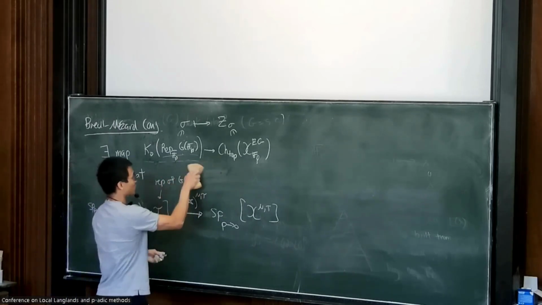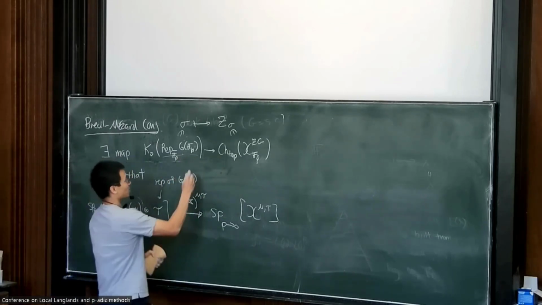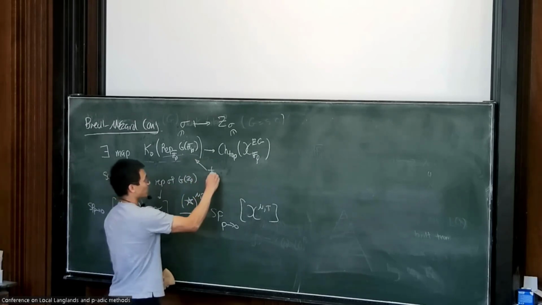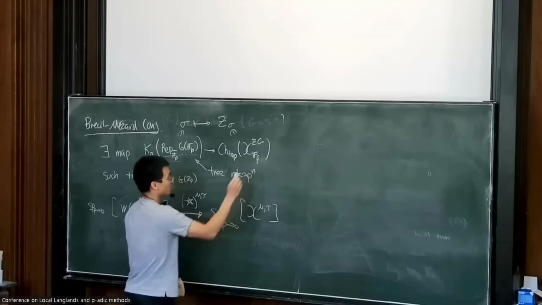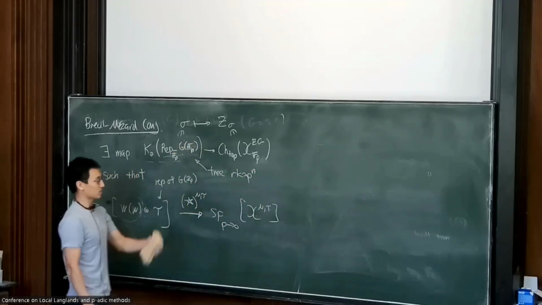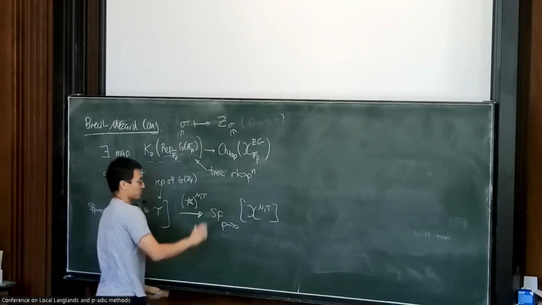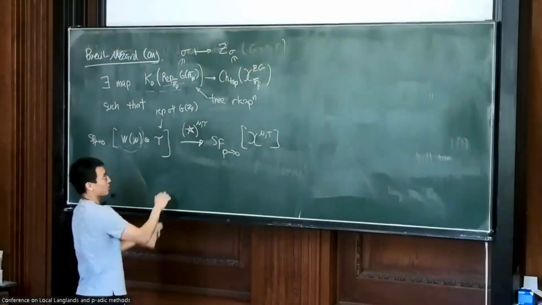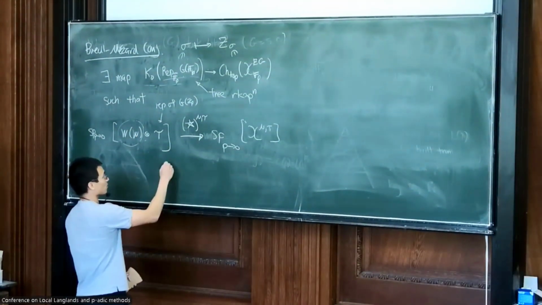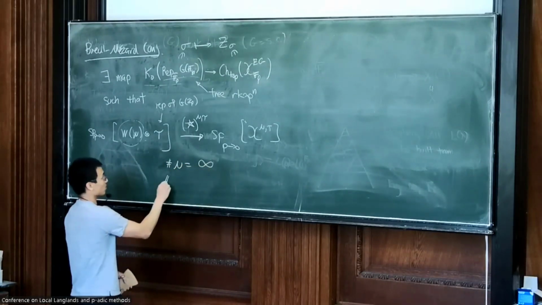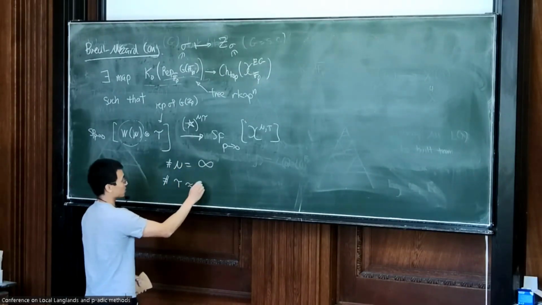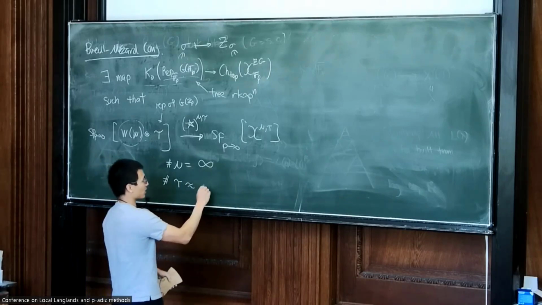Okay, so this is free of rank approximately p to the n, because that's approximately how many irreducible representations there are, a very rough approximation. And now here, the number of mu's is of course infinite, and the number of taus is also something like n p to the n.